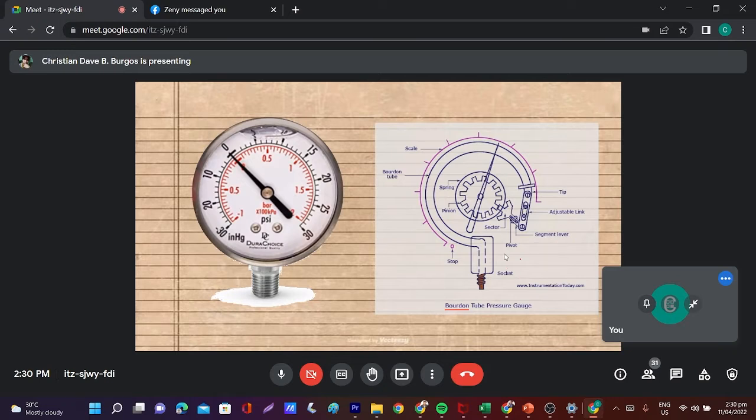Ito po yung nasa kanan, makikita mo sa loob ng Bourdon pressure gauge.